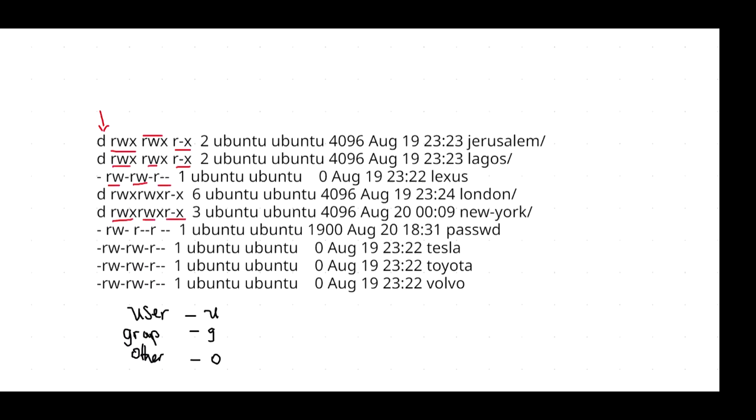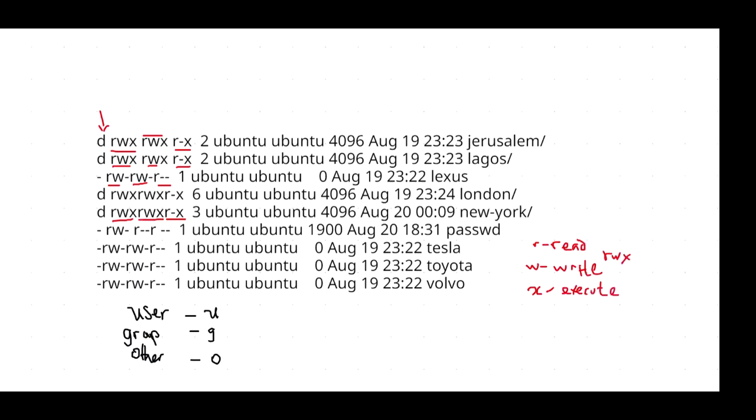Okay. So R represents read. W represents write. And X represents execute. Read, write, execute.